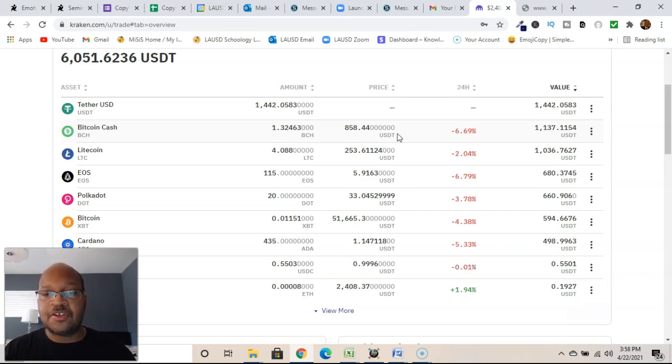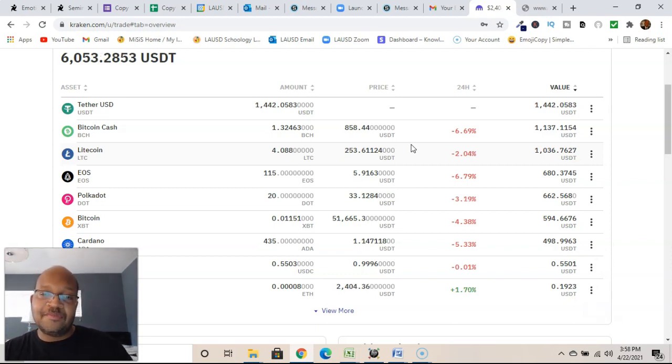So then I would still be in profit, even though this right here shows that it's down, the market's down 6.69. So your personal numbers depend on what your personal buy price is against what the market price is today. All right. And that's how your traders know whether or not you're in profit.